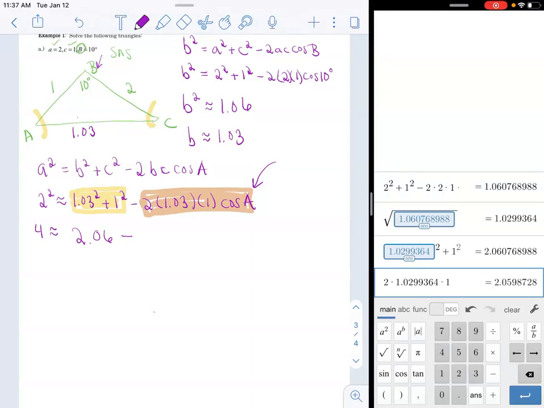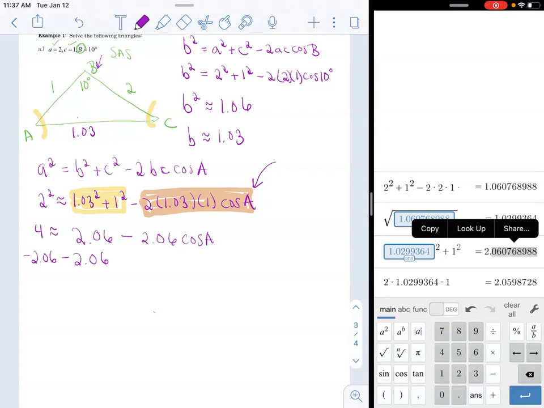If you're on a computer, you can cut and paste these answers too, which is really great with Desmos. My iPad's just sensitive to cut and paste. So I get 2.0, and if I round correctly, that would become 2.06 cosine A. Well, again, I can't combine those, so I have to subtract this 2.06 on this side. Now remember, this is a different 2.06, which gets very confusing, so I'm going to highlight this to make it stand out.